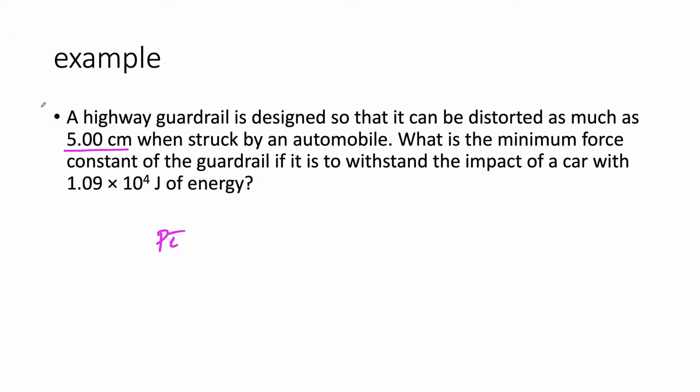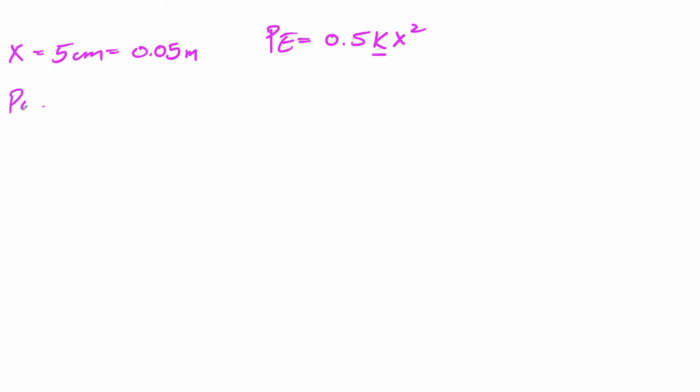So potential energy, PE, is going to equal 0.5 kx squared. We're looking for K. So X is going to be 5 centimeters, which is 0.05 meters. And then the energy, I've got to look up here, 1.09 times 10 to the 4th.